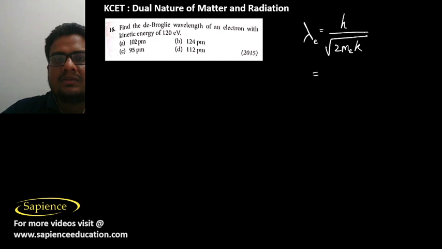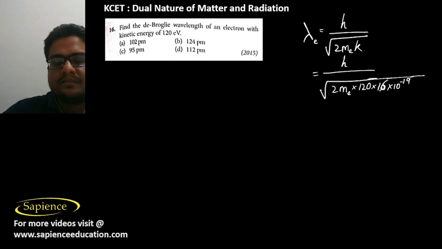So the kinetic energy is 120 electron volts. So I can write h by root over 2 into mass of electron into 120 electron volt, that is 120 into 1.6 into 10 power minus 19 joule.